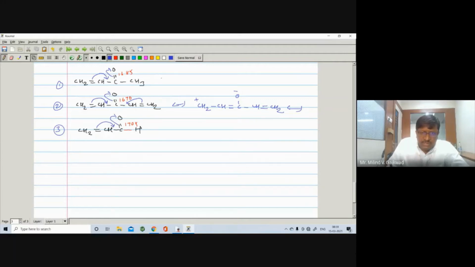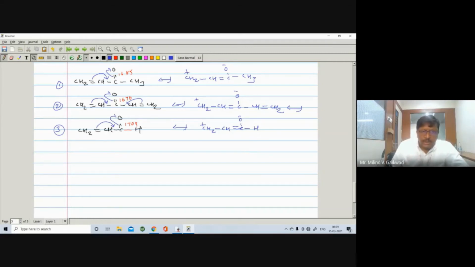But in the first structure you have only one resonating structure, and it gives the single bond character. But here there is also conjugation, but there is a hydrogen, there is an absence of the R group.